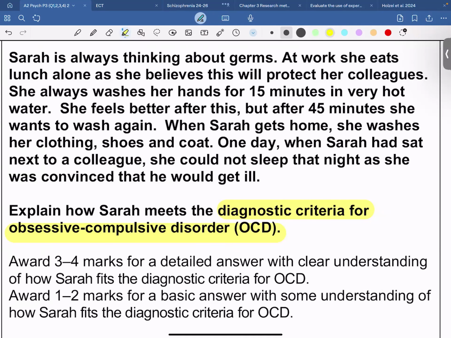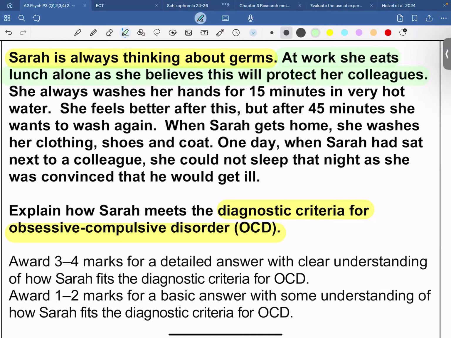So to begin with, Sarah is always thinking about germs. So we're talking about this lady with the name Sarah. She's always thinking about germs, perhaps germ contamination. At work, she eats lunch alone as she believes that this will protect her colleagues.